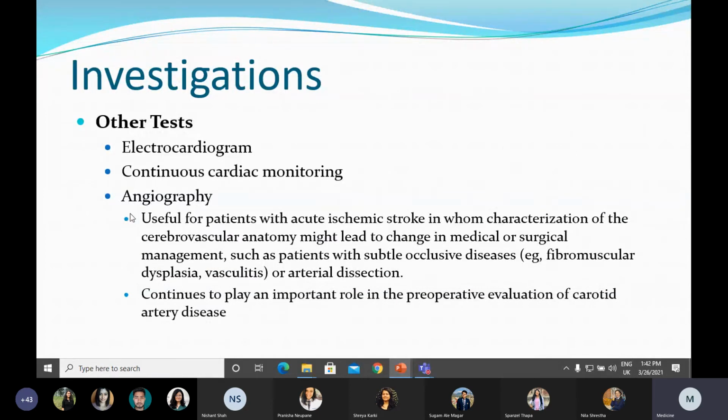We go for electrocardiogram, and sometimes angiography is necessary, especially in patients who may have aneurysm as an etiology for the hemorrhage, or for patients with fibromuscular dysplasia, vasculitis, then the angiography is important. And with the help of this angiography, they may even go for surgery in aneurysm.